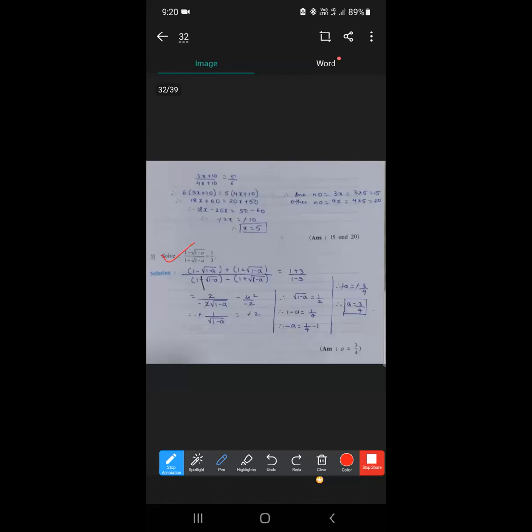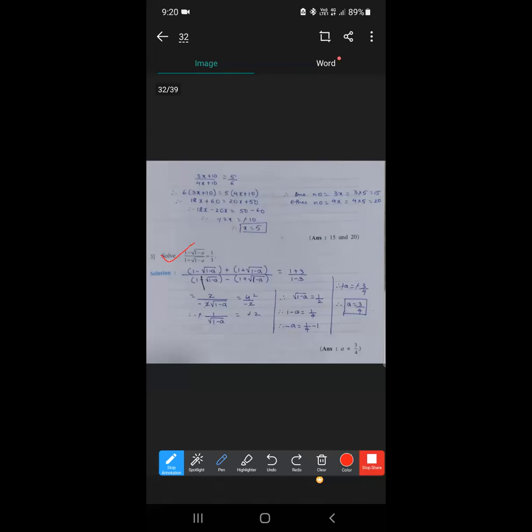Just remember, we did this in lesson number 2, the real numbers, rationalizing the denominator. Whatever you see in the denominator, you can add and subtract that itself in the numerator as well as in the denominator.